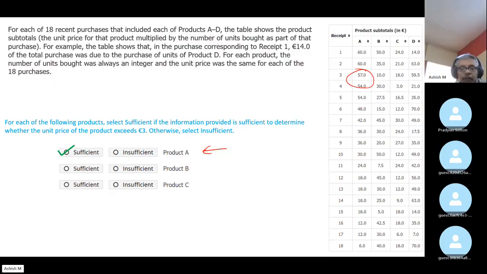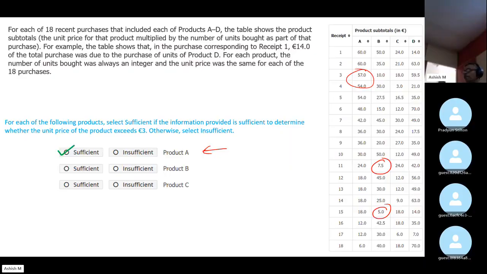How about product B? Tell me, does the unit price of product B exceed 3 euros? Again, easy to see. Notice there is a 5 here and there is a 7.5 here. Clearly that means it is definitely a possibility that the unit price of product B is either 2.5 or lesser than that.